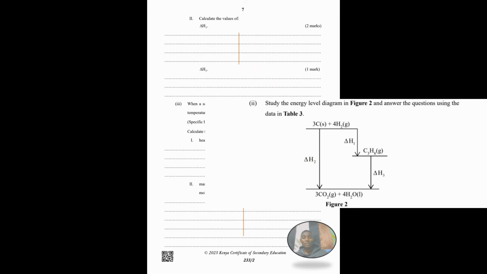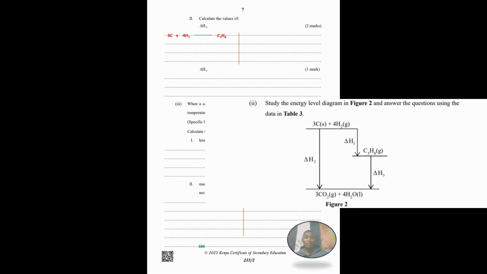So in this case, I'll use the energy level diagram to come up with an energy cycle diagram. I will start with the formation of propane. So I have carbon and hydrogen that will lead to formation of propane.